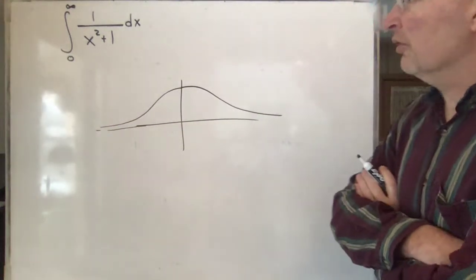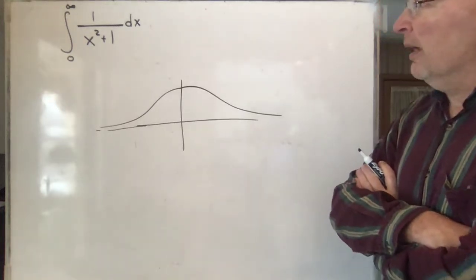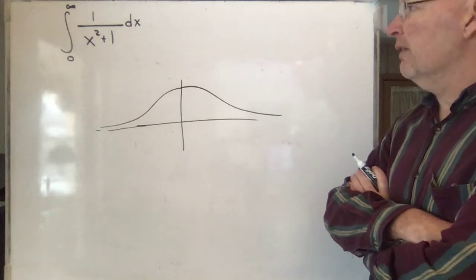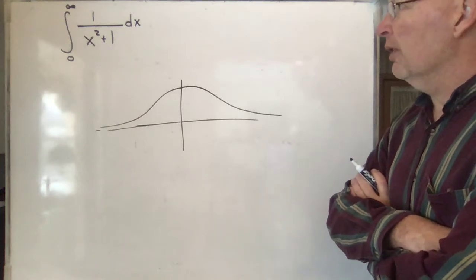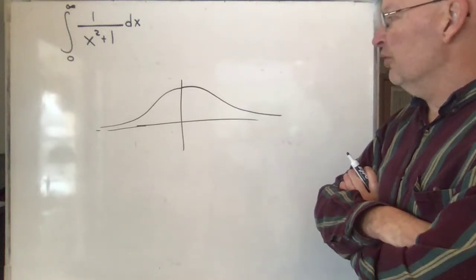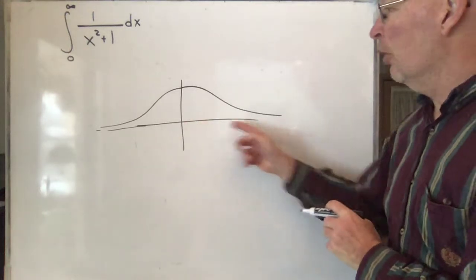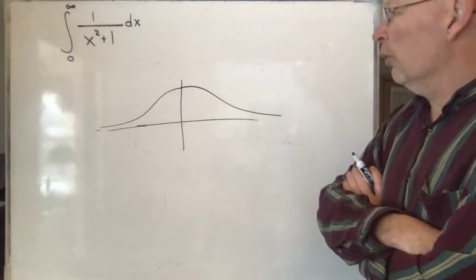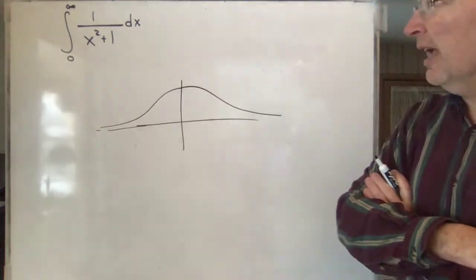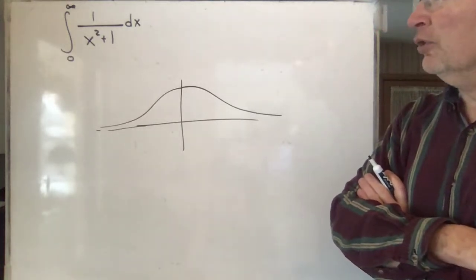But anyway, my question is, can you tell me without even evaluating it whether or not this is going to diverge to infinity as we go from 0 to infinity, or will it converge to a finite number? And the answer is that it's going to converge to a finite number.